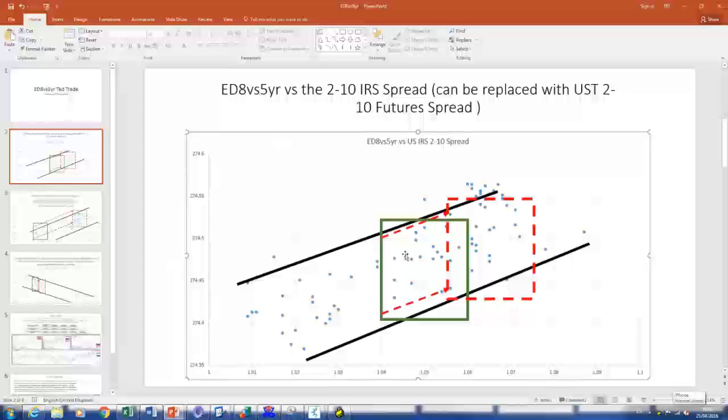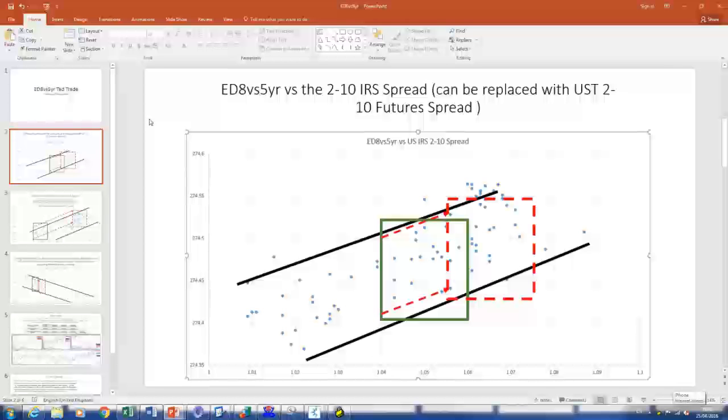So let's say, for example, what I've done is on this scatter plot, every time there's a print on the 2s, 10s on a daily, it will print where the Eurodollar 5 year or the 5 year TED spread was, right?